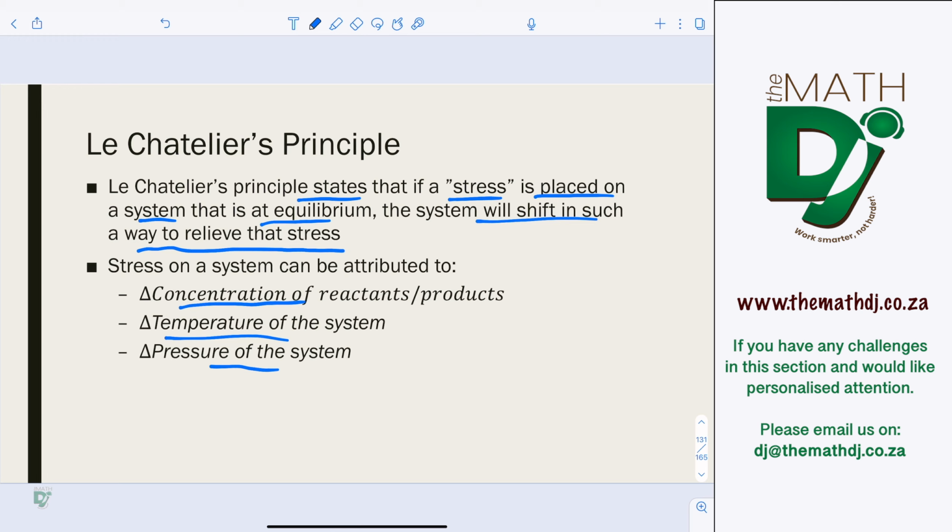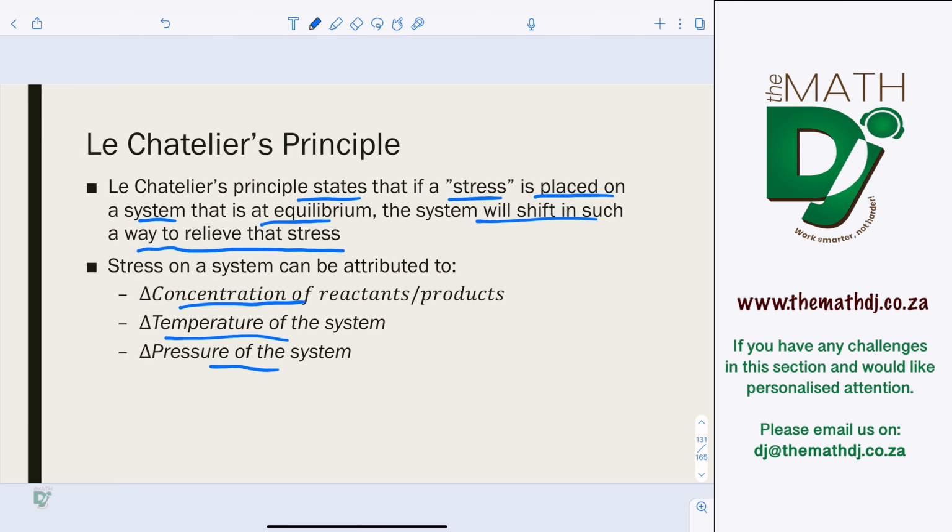So Le Chatelier's principle is saying that when a system is at equilibrium and a certain stress, in the form of concentration, temperature, or pressure, comes to disturb that system, the system will react in such a way to relieve, which means to reduce, that disturbance, so that equilibrium can be reached again.